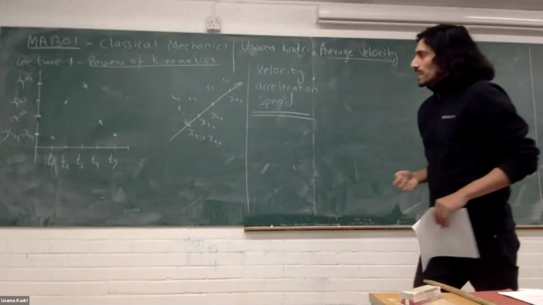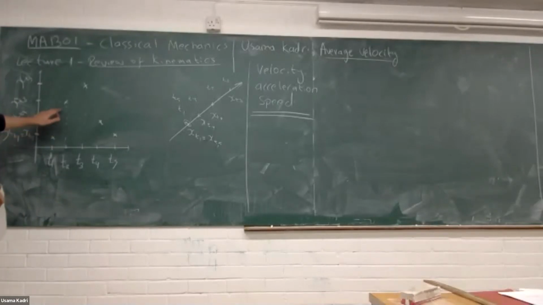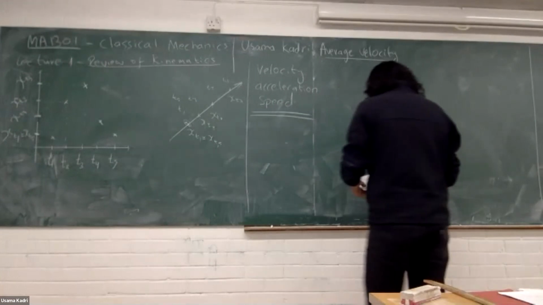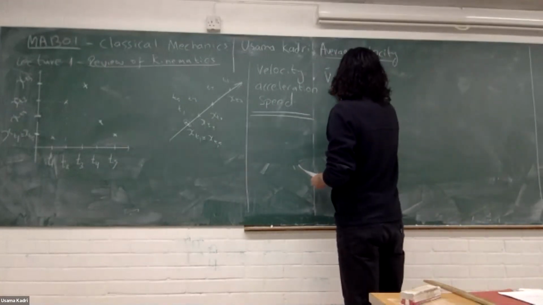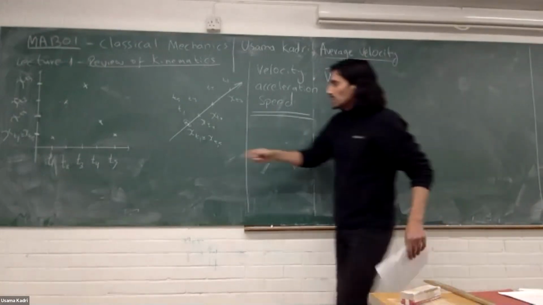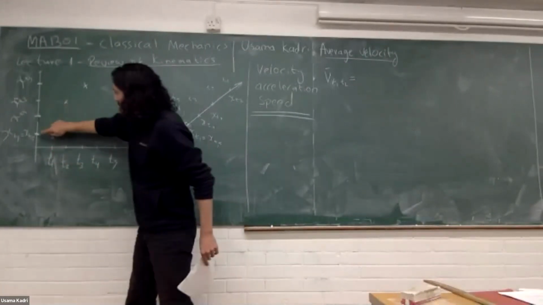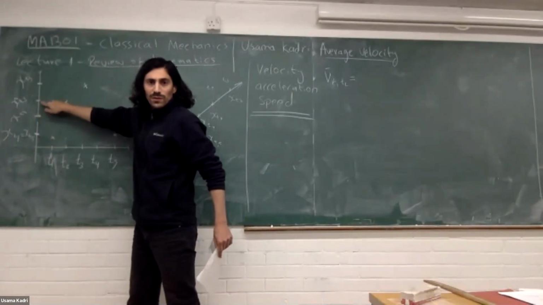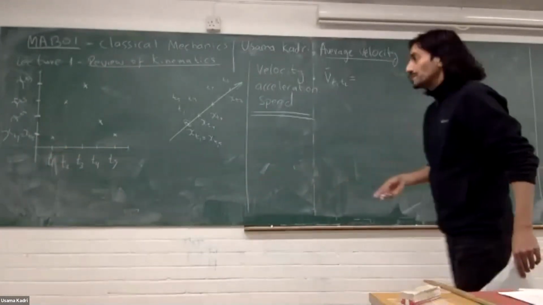What would be the average velocity? Well, if I know the location at all these points, at these times, let's take an example. If I look at the average velocity between T1 and T2, so between the two times, t1 and t2, the average velocity would be the distance which has been traveled divided by the time, right?